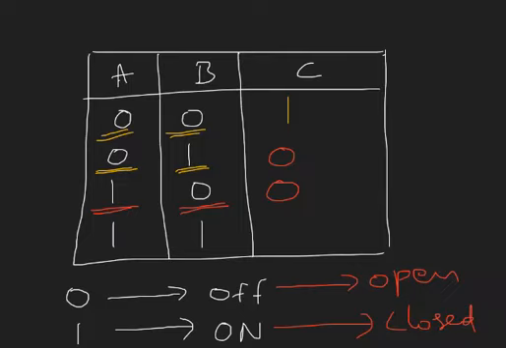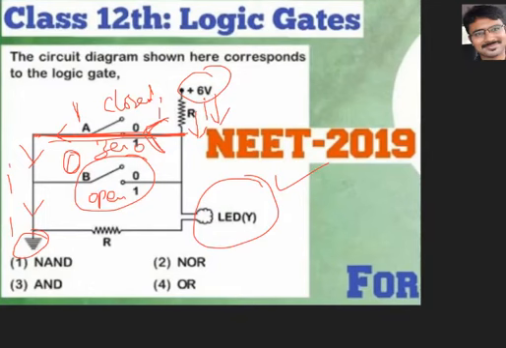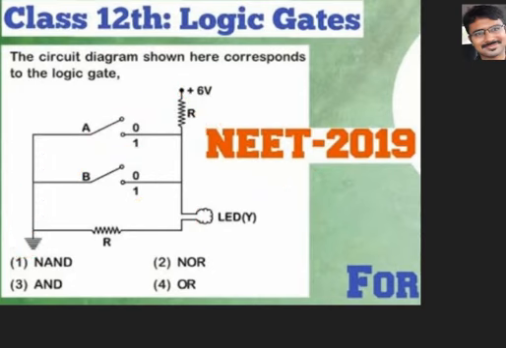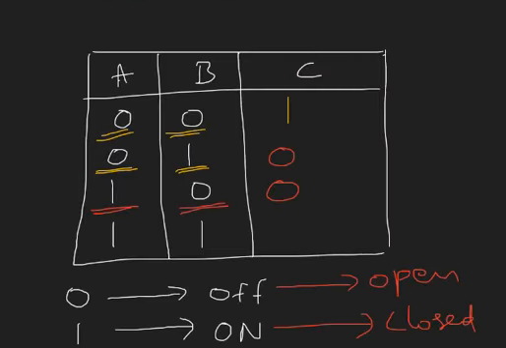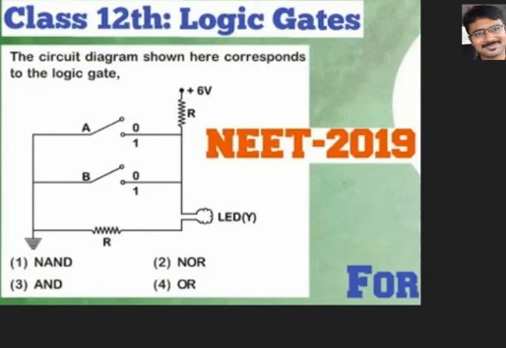Now next, what should I write here? Let us observe the next phenomenon. A and B are 1 and 1. So I am taking A and B both as 1. A is 1, B is also 1. So A is 1, B is 1 means this is also closed. So the current will always prefer 0 resistance. Now also current will not come down till here.